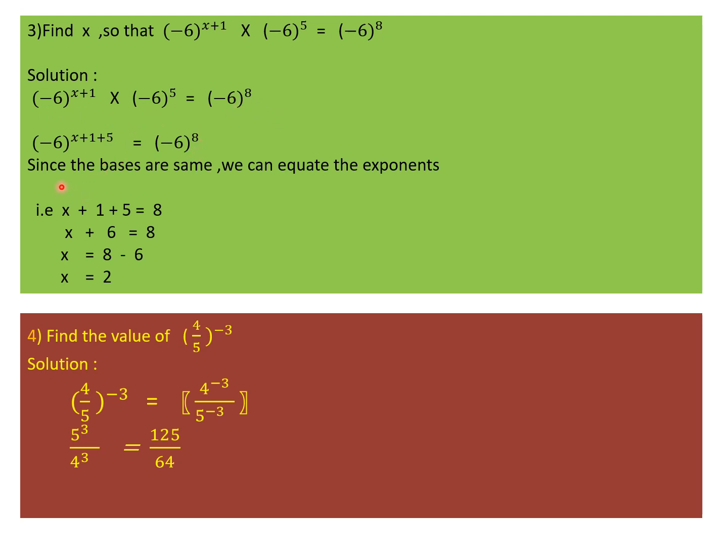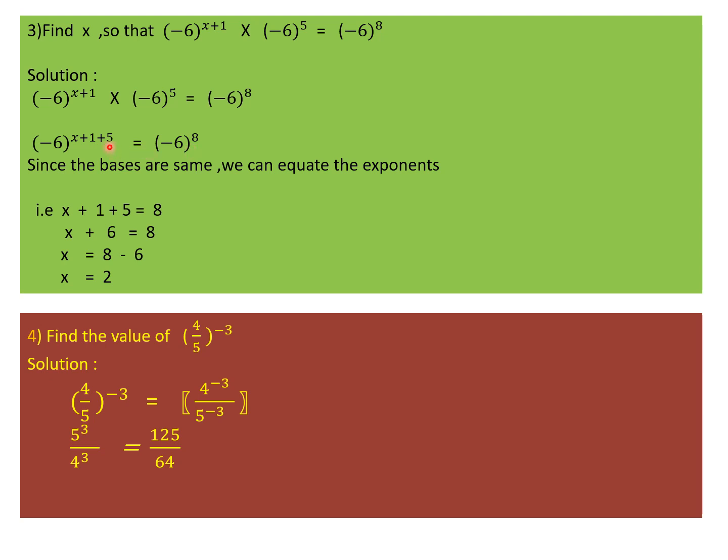Since the bases are same, we can equate the exponents. We have the base as minus 6. If the bases are same on both the sides, before and after the equal to, we can equate and find out the solution for x.